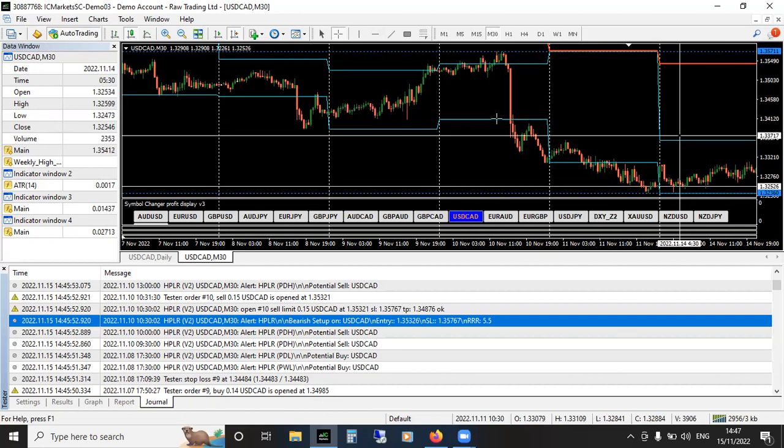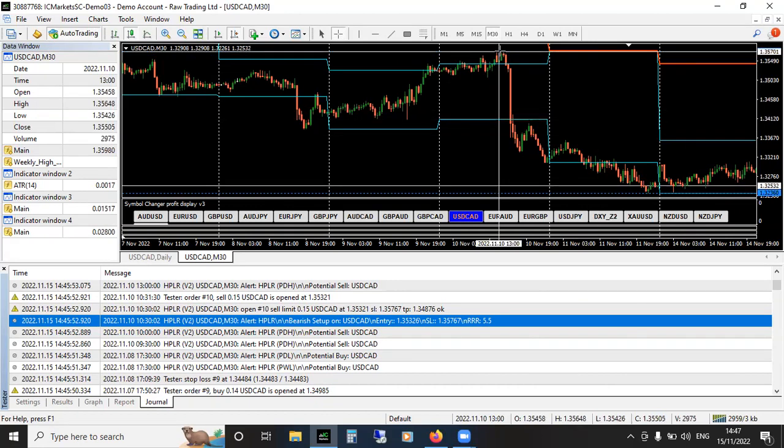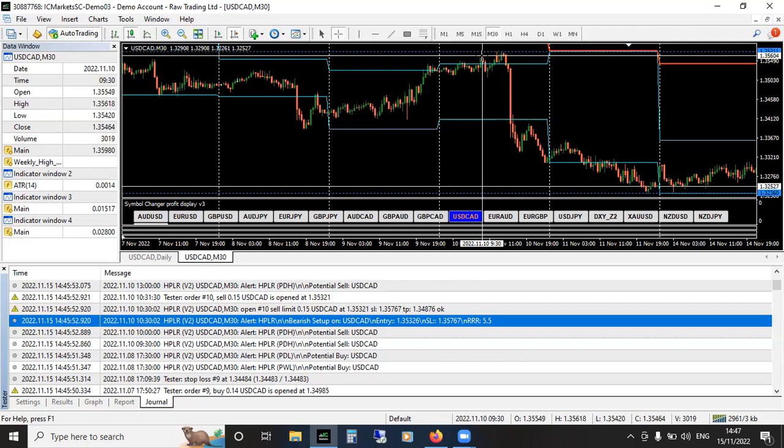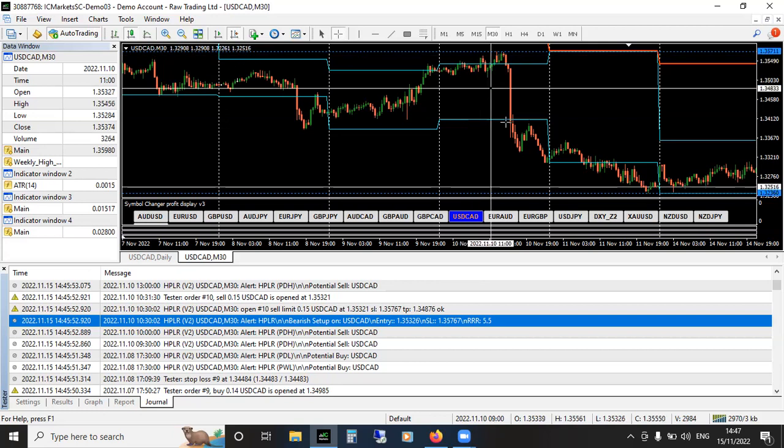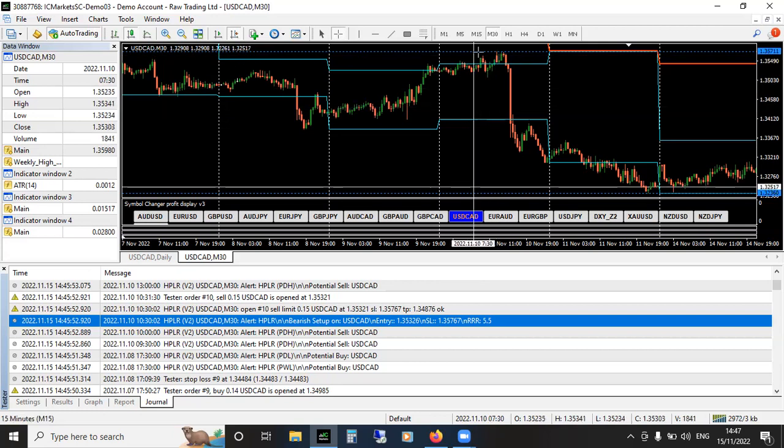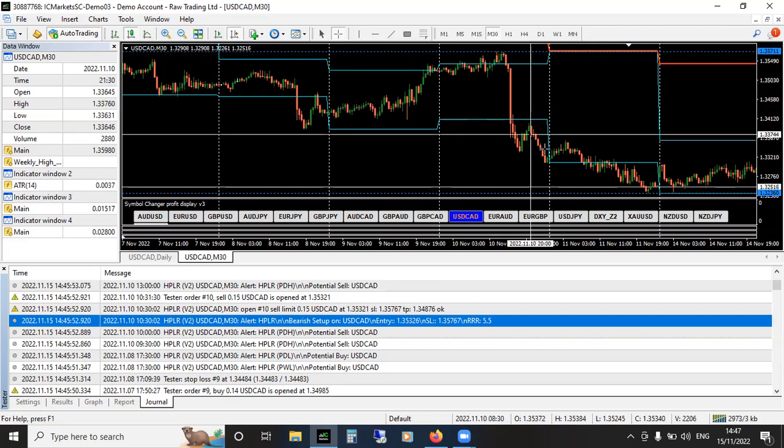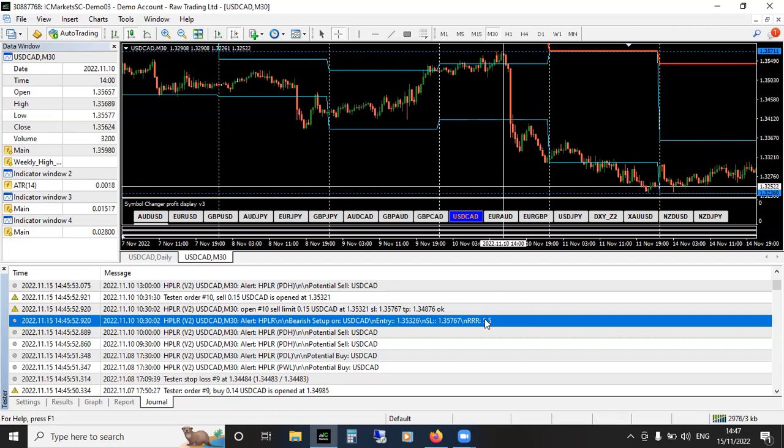So basically what we are saying is, from this high of the week, we assume at this point that this is the high of the week. From here, if we remove 1 week's average range, we could target 5.5 RRR and be safe.